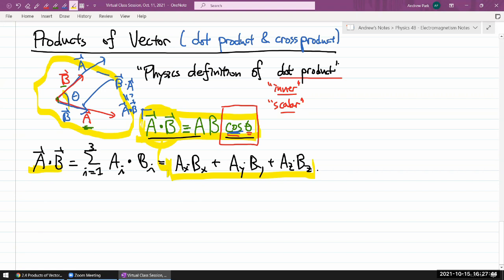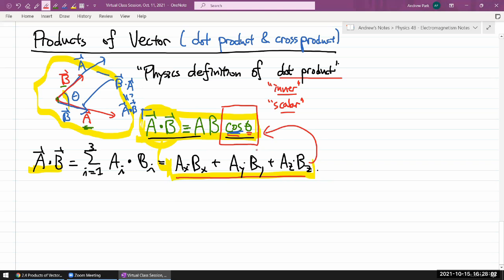Now, technically speaking, this is a wholly equivalent system, and you ought to be able to prove, starting with this mathematics definition of the dot product, that this is something you can expect from it.